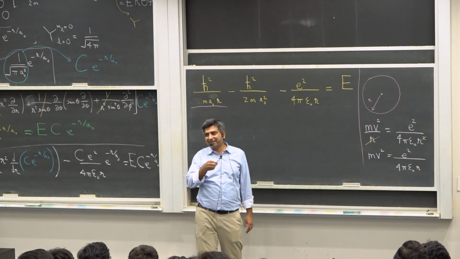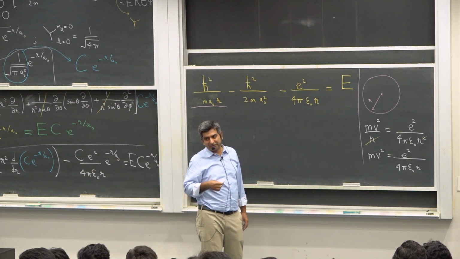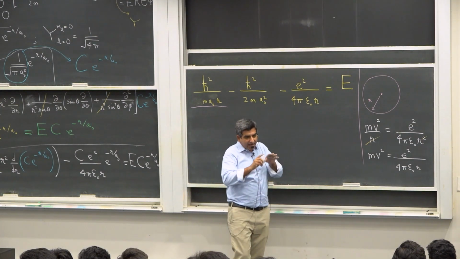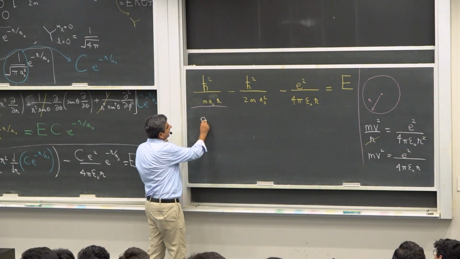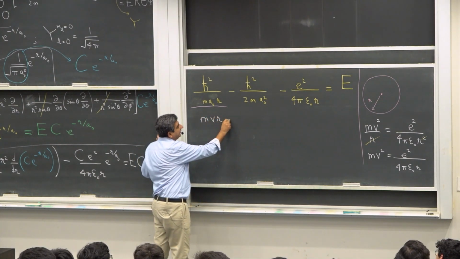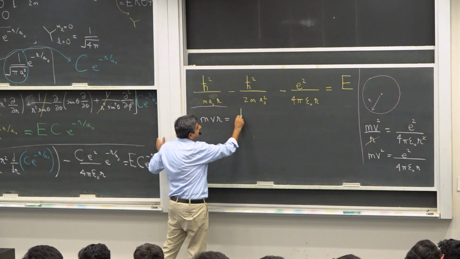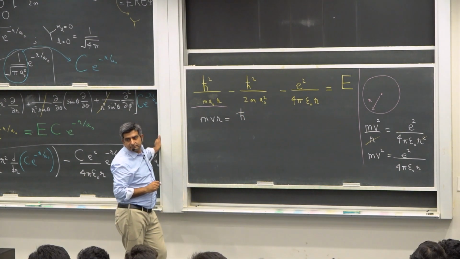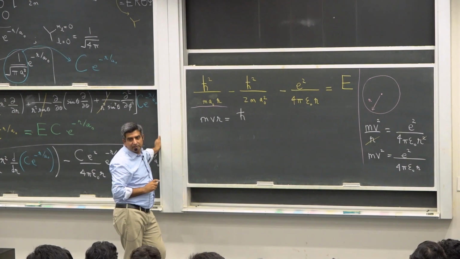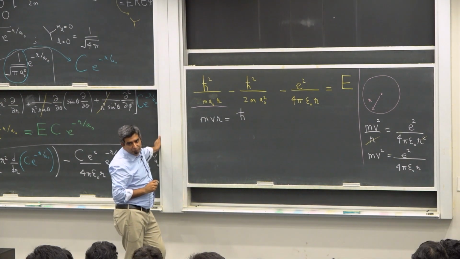Even though we'll later see that the electron doesn't have an angular momentum in this state, Bohr proposed that the angular momentum is quantized. So he proposed that the angular momentum mvr in this state is n h bar, that is, n h over 2 pi.